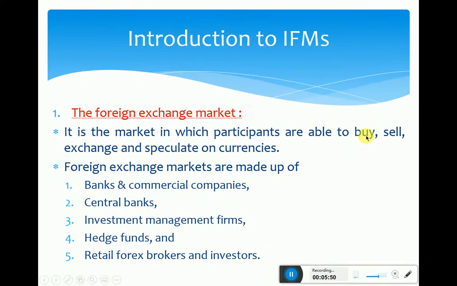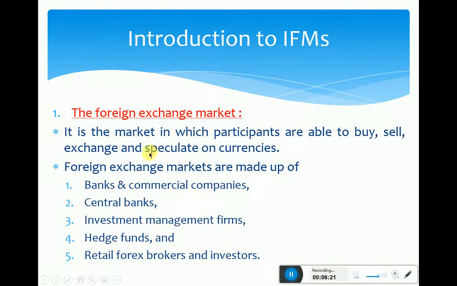While they buy currency, this purchase of currency could be in order to make a payment in another currency against the purchase of goods and services. Similarly, they sell a currency in order to pay for their debts, or maybe they exchange a currency from one to another in order to pay their dues.